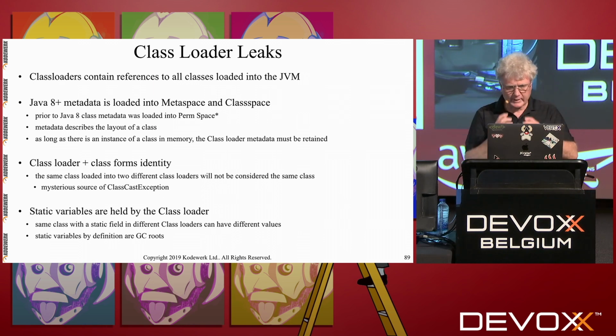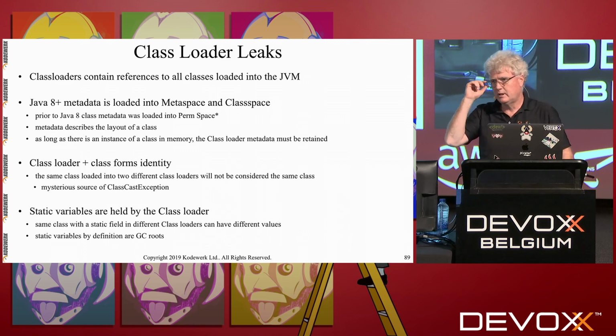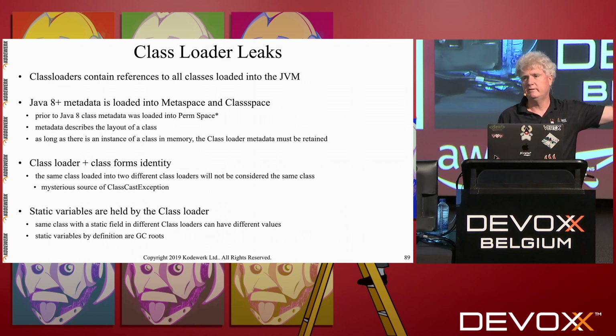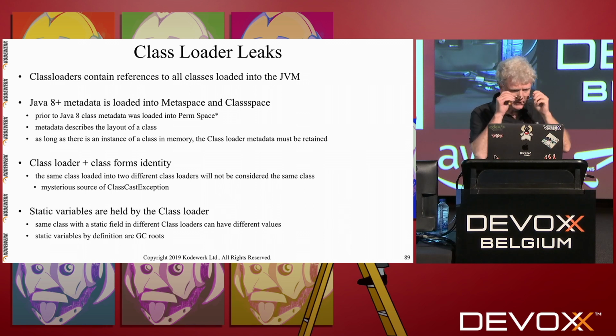What's going to happen is that the class loader is going to get a meta chunk out of metaspace, and everything the class loader loads is going to go into that meta chunk, and that meta chunk is going to be garbage collected in one shot. We either get the whole thing or we get nothing. Okay? So if there's a single reference live, then the whole meta chunk is going to stay live. So we don't get the granularity of garbage collection that we had with perm space.